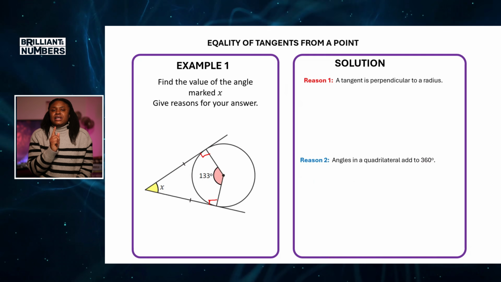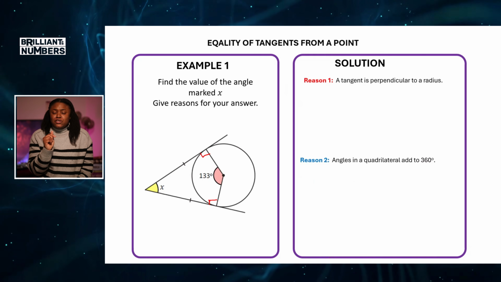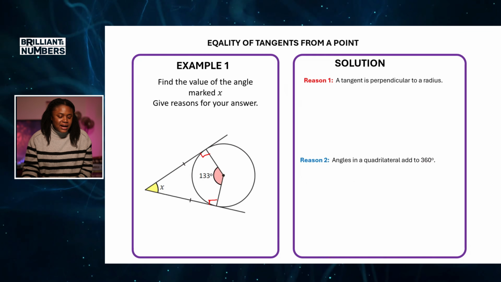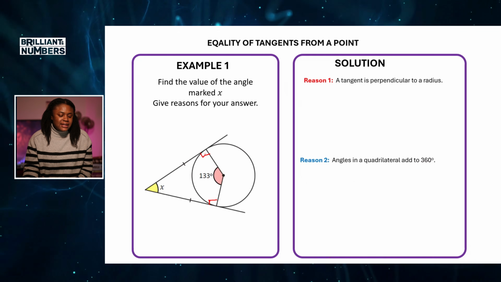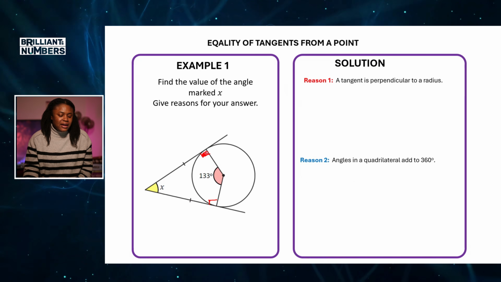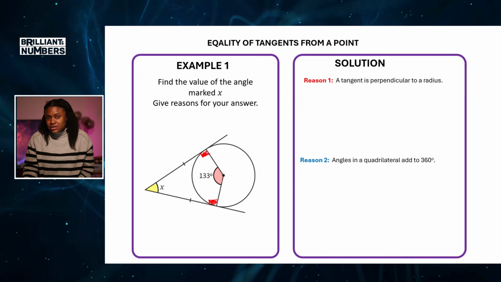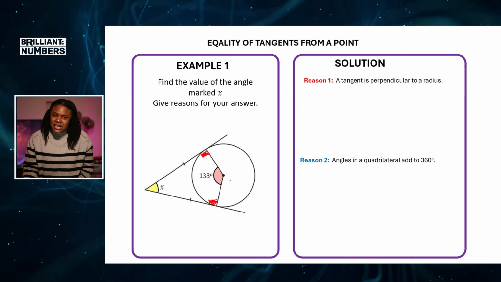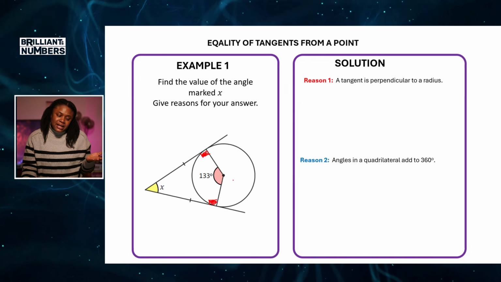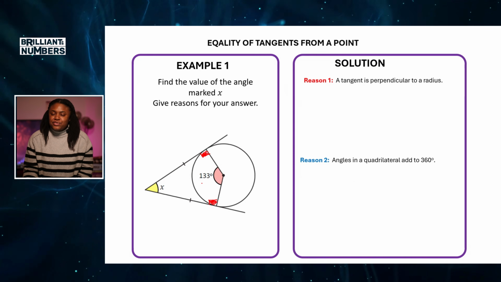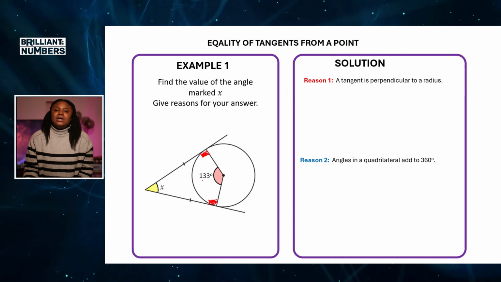Okay, so I can either use 360 degrees here, or I can make it simpler by recognizing that I've got 2 90 degrees angles, this one here and the other one here, which means that those 2 angles would add up to 180 degrees. So to make it simpler then, it means that X and 133 will also need to add to 180.